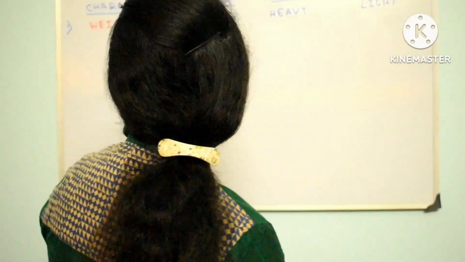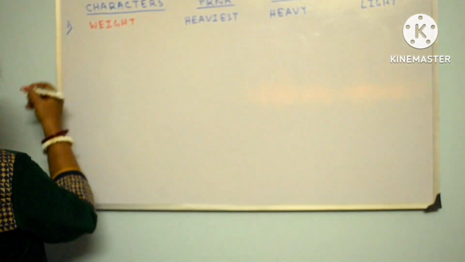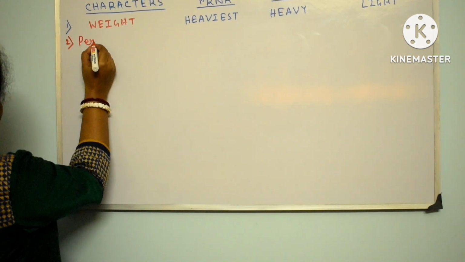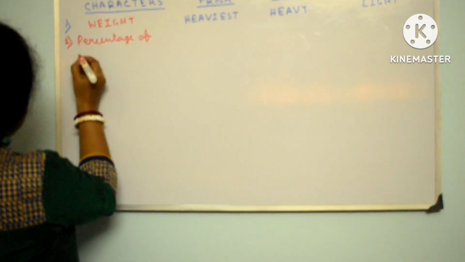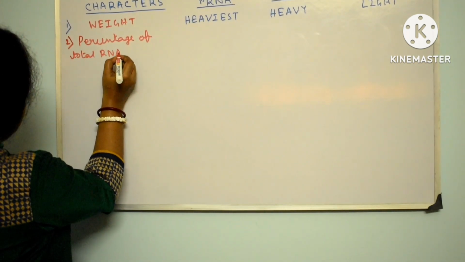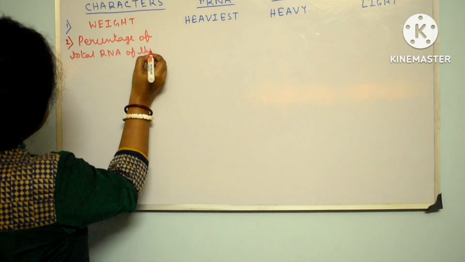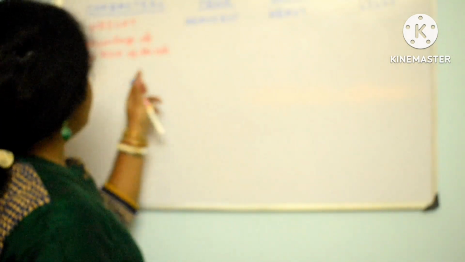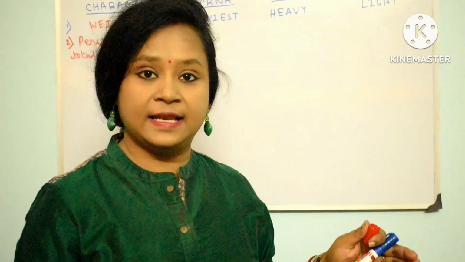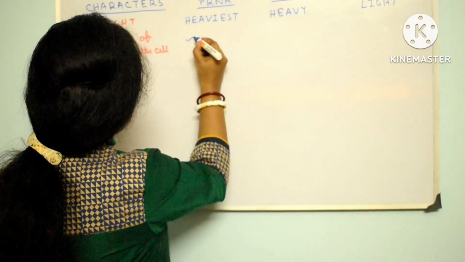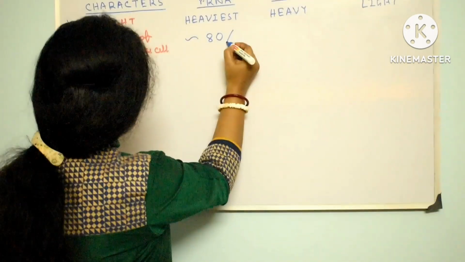The next character of difference is point number 2, percentage of total RNA of the cell. The next character is about the percentage of these three types of RNA present in the cell. rRNA percentage present in the cell is about 80%.